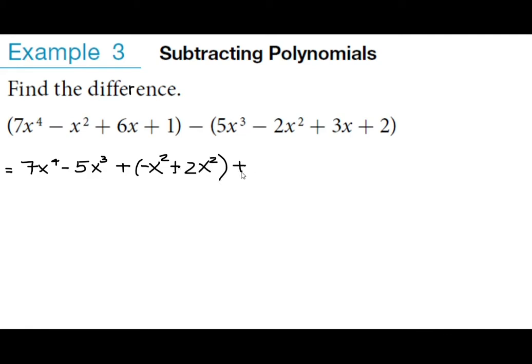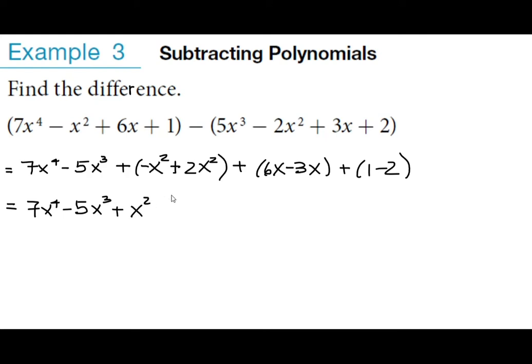And then we have 6x subtract 3x, and 1 subtract 2. And that will leave us with 7x to the power 4 minus 5x squared plus x squared plus 3x minus 1 in standard form.